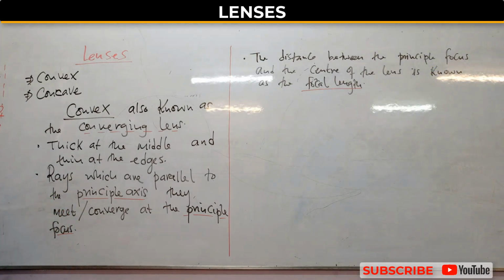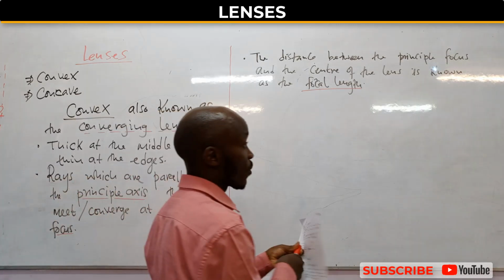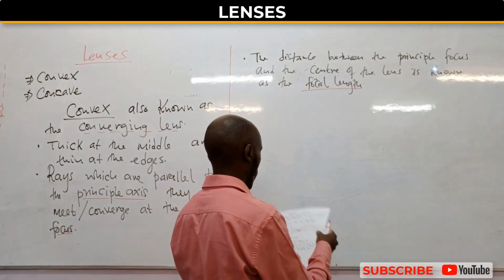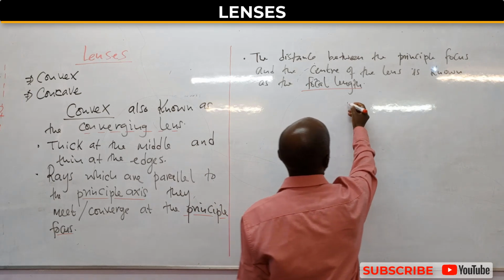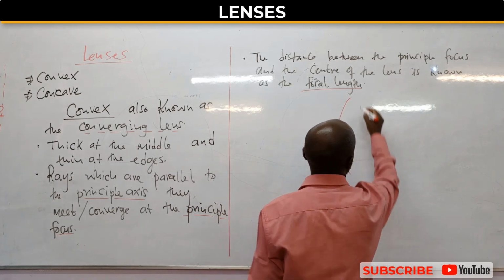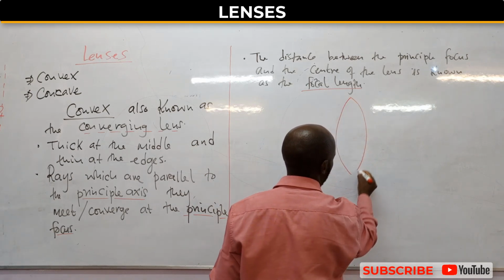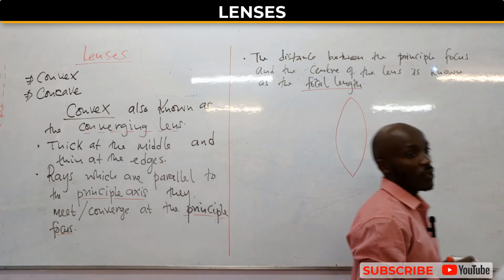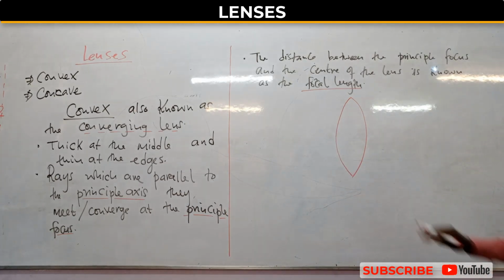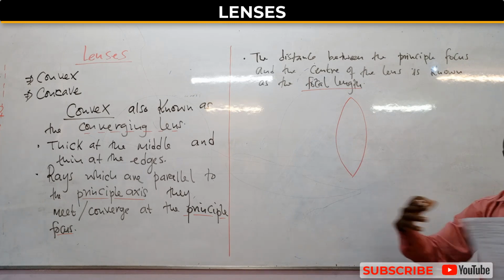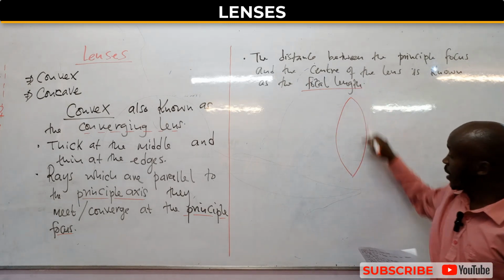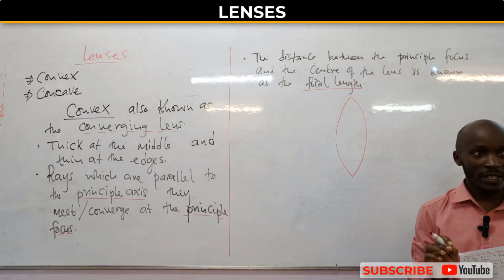Okay, so let's have a sketch for that. This is what we call the convex lens. You can see the center tends to be quite thick, and the edges tend to be quite thin.